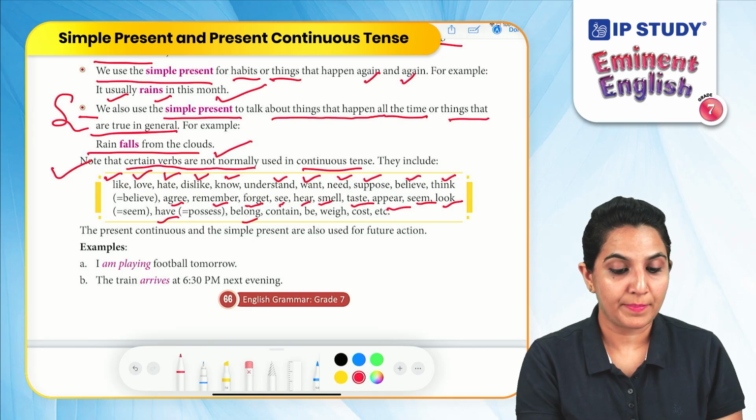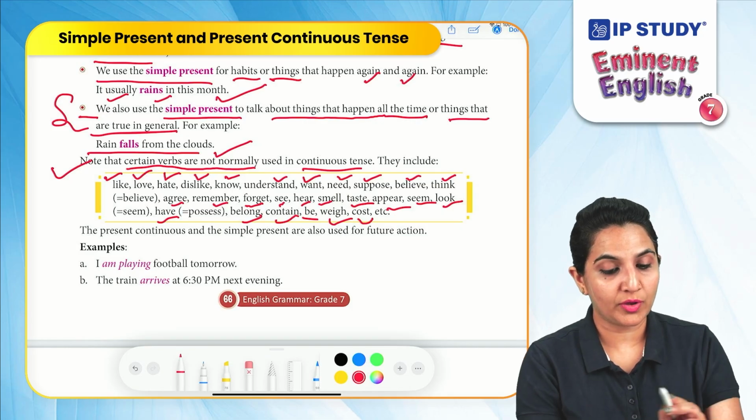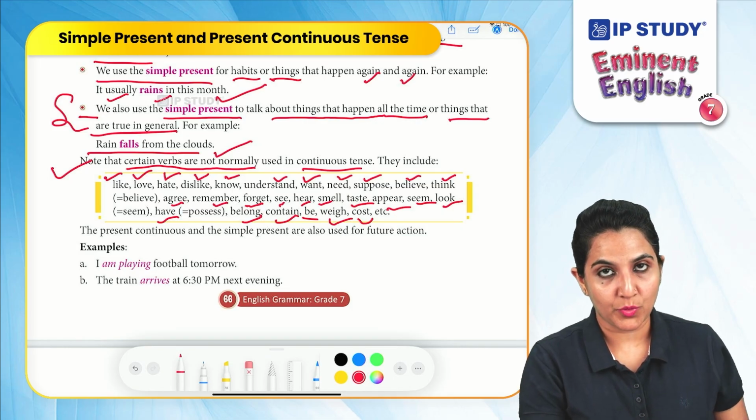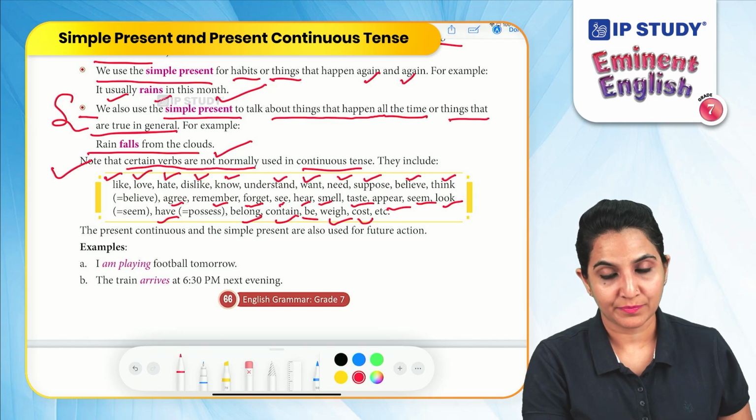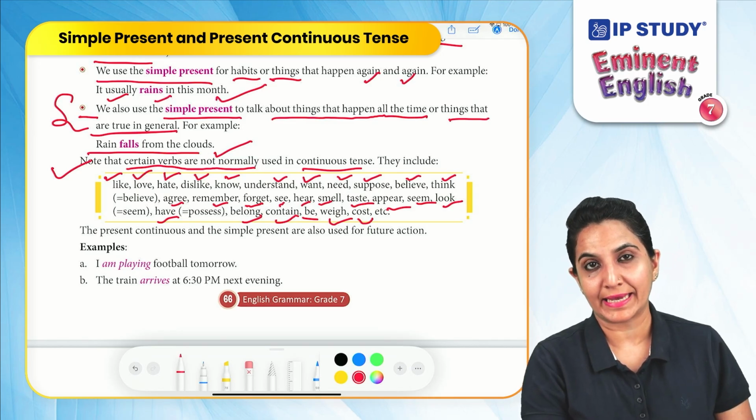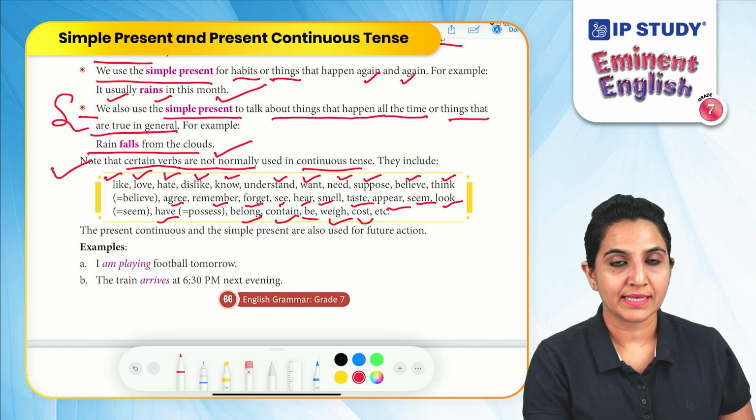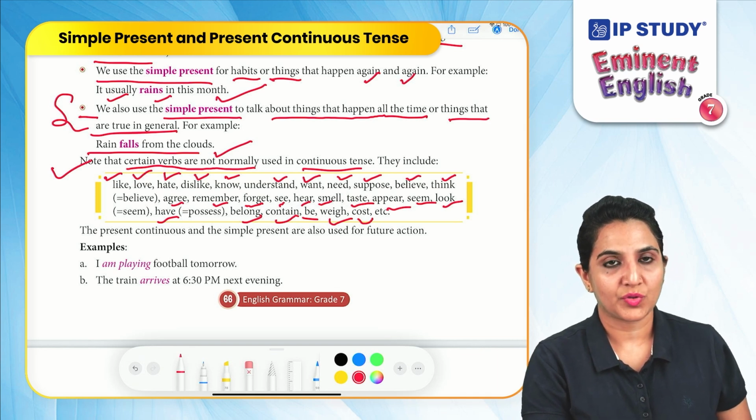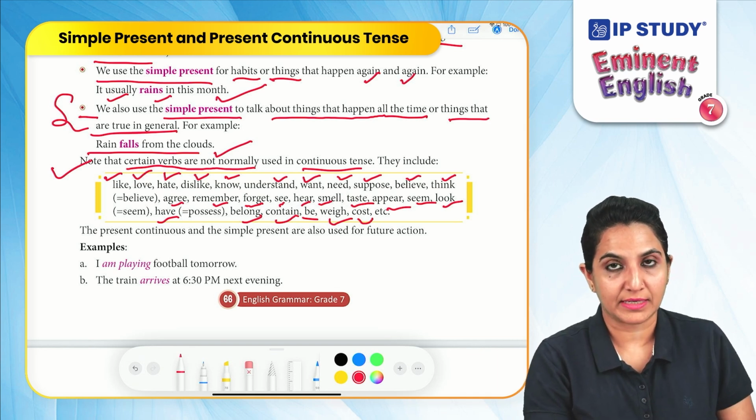Have, belong, contain, be, weigh, cost, etc. So all of these verbs, which are mostly used for feelings, your sense organs, or belongingness, are not normally used in present continuous tense.